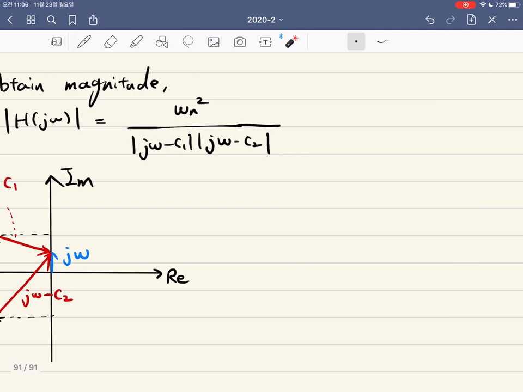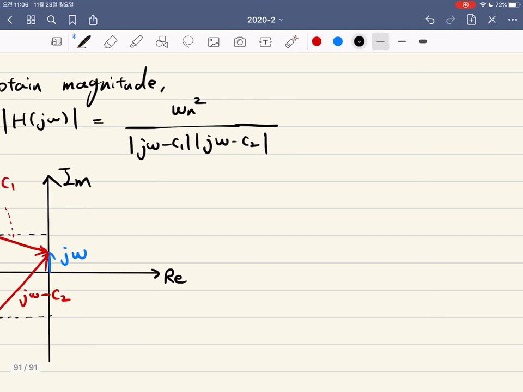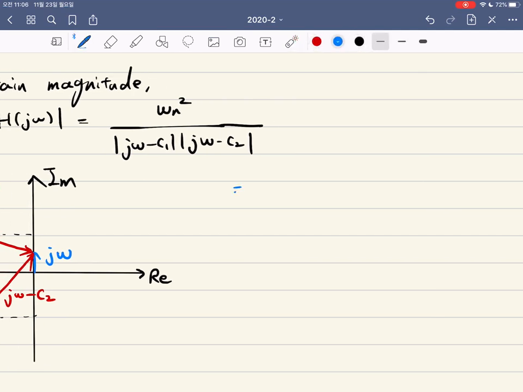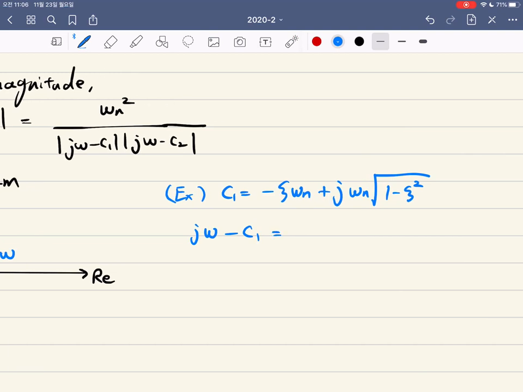For example, if c1 is minus zeta omega n plus j omega n times the square root of 1 minus zeta squared, then j omega minus c1, I'm talking about this one term here, will be j omega plus this term.